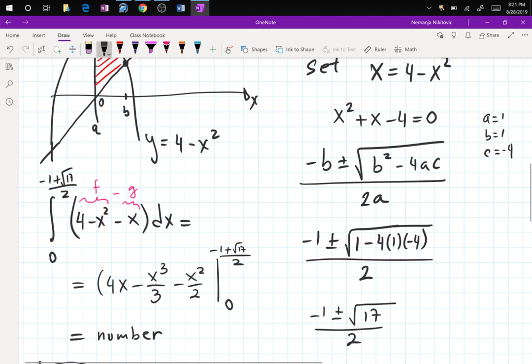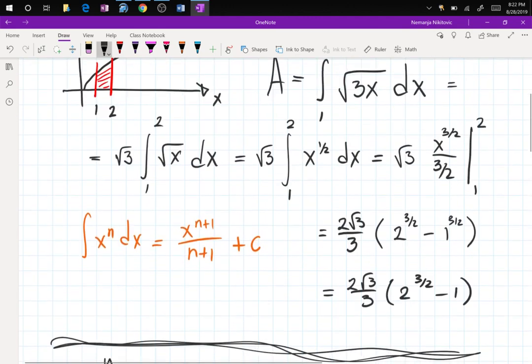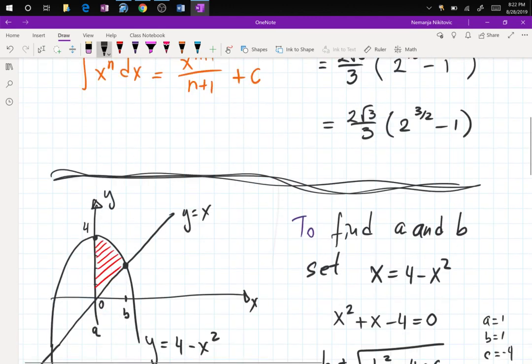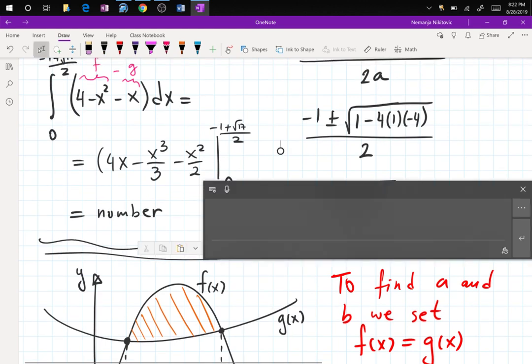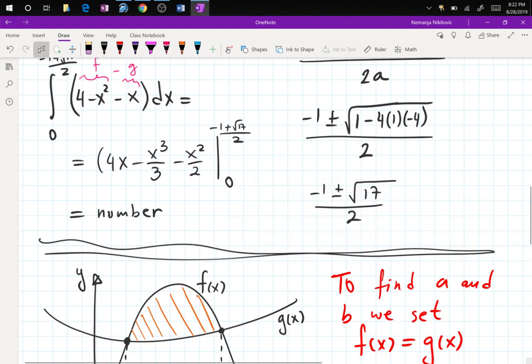4 becomes 4x. X squared plus 1 is x cubed over 3, using the formula we reviewed earlier, right here. It's n plus 1 over n plus 1. And then you have a single x, that's x to the first power, 1 plus 1 is 2, divided by 2.